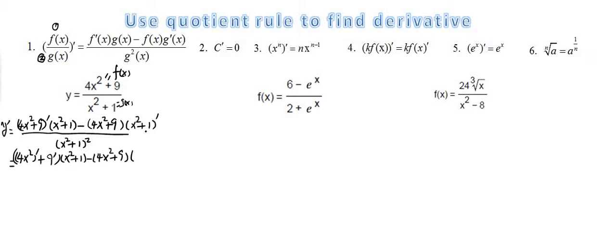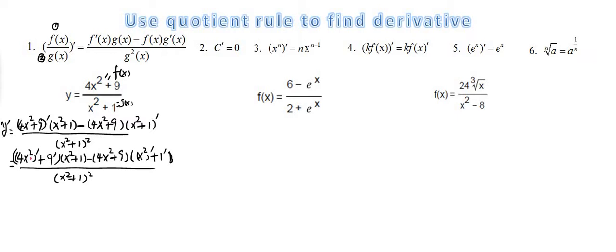Similarly, here the derivative of these two terms is the derivative of each term. So we have (x squared) prime plus (1) prime, over x squared plus 1 squared.